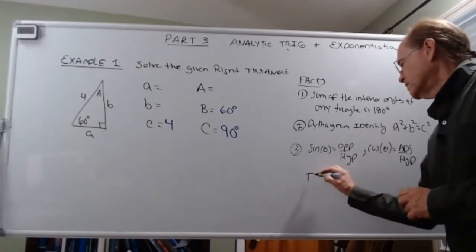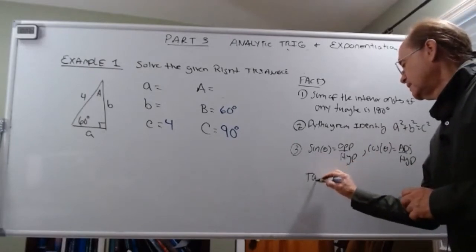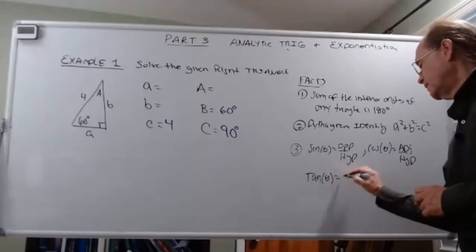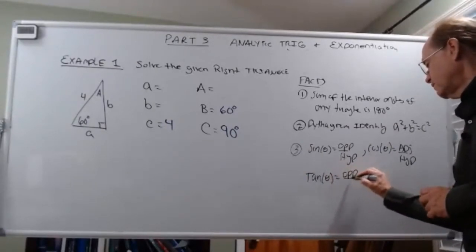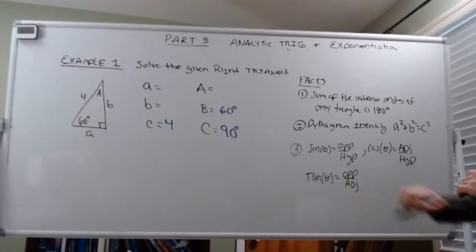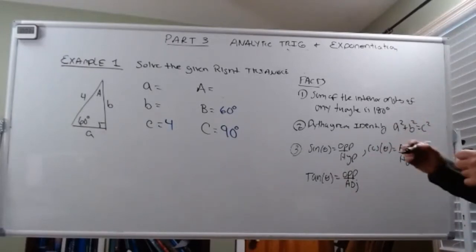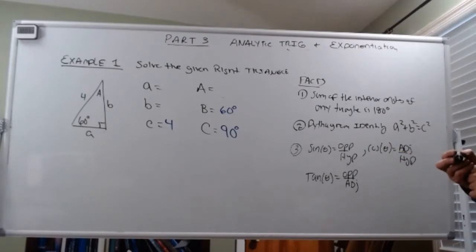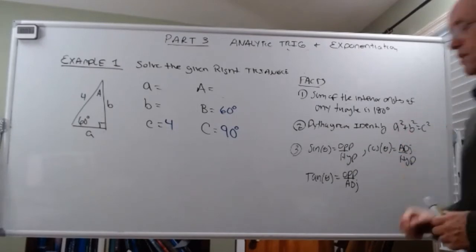And if we need it, we will later on in some other ones, we have the tangent of theta is the opposite over the adjacent. Okay, so these pieces of information are going to enable us to find all the other missing pieces that we have. Okay, let's start.